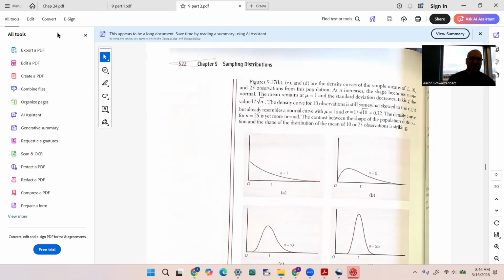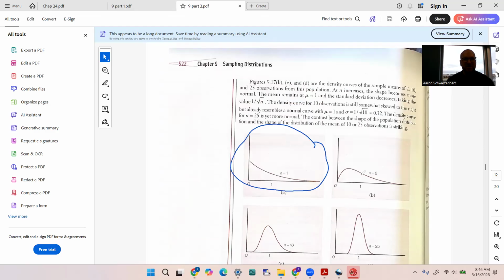So looking at it in action, here we've got some distributions. This is my distribution for individuals. Which way is it skewed? This is right. Yes, the tail's on the right. It's based on the tail. Look at what happens to this very skewed distribution when n is 2.